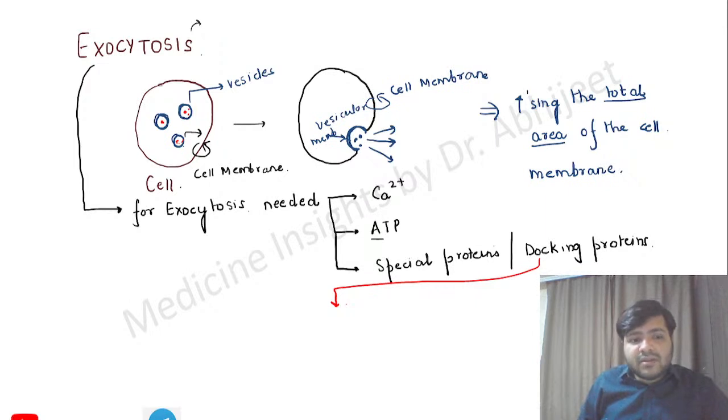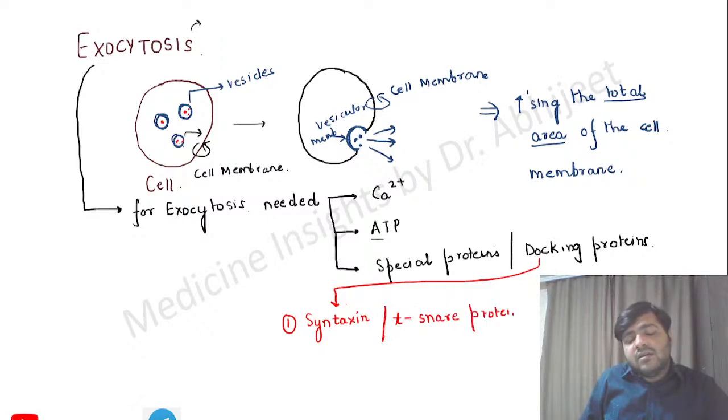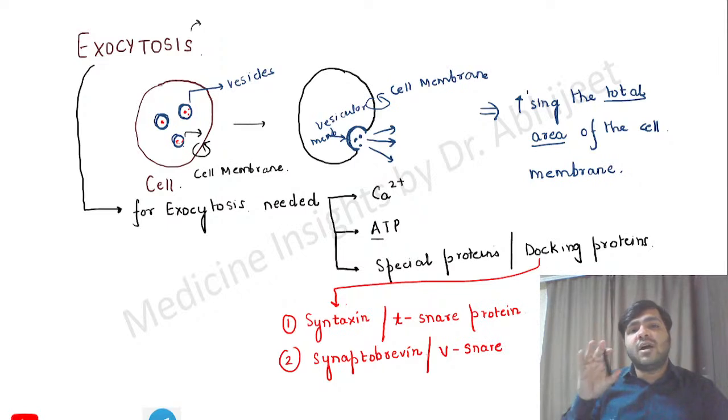So the very first one that you have to remember is syntaxin, also known as the T snare protein. Secondly, you have to remember synaptobrevin, also called the V snare protein. These are special proteins which are required for the functioning of vesicular transport.